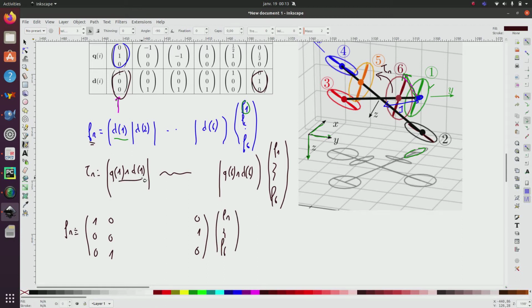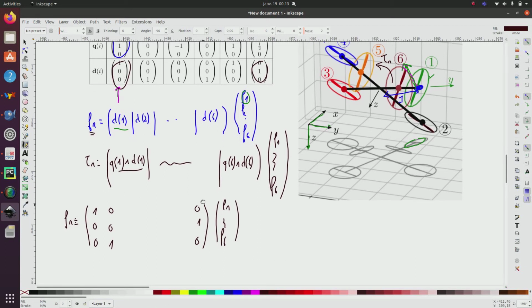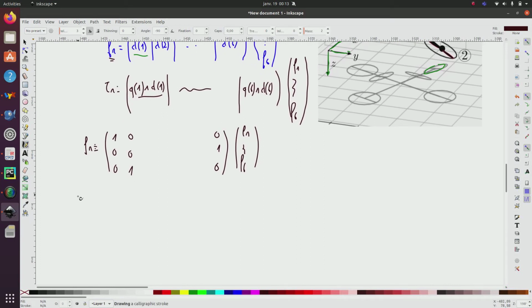And for the torque, I will have to compute them, and I will obtain tau r equal to 0, 0, minus 1, 0, 1, 0, minus 1, 0, 0, 0, minus 1, 0, and here zeros.